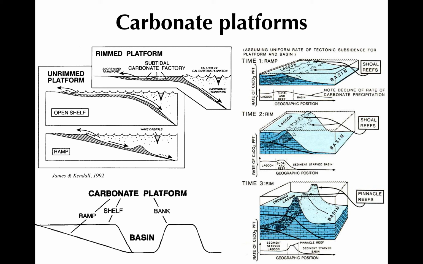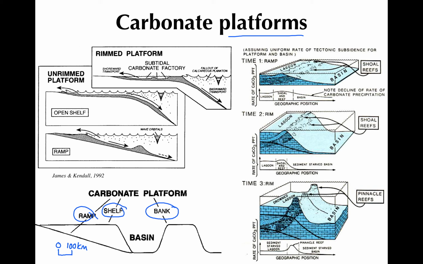There are three main styles of carbonate platform produced in this manner: a ramp, a shelf, and a bank. And these three things are all very large-scale features. So we're talking up to hundreds of kilometers in size.